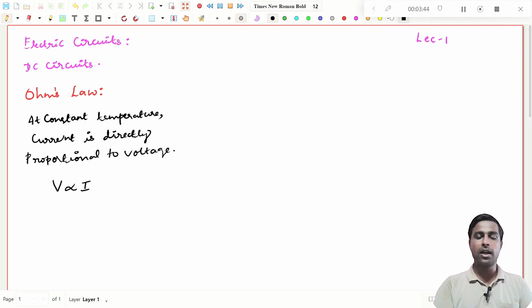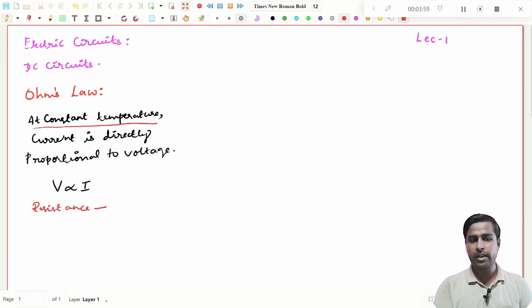Which means V is directly proportional to I. If temperature is constant, then the resistance in the circuit will also be constant. So if you want to replace this directly proportional symbol, we can multiply the I with some constant, and that constant is nothing but the resistor.